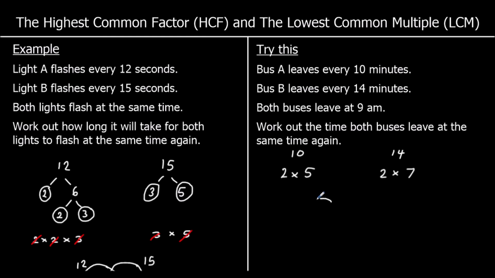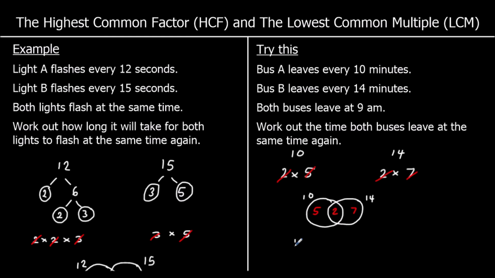So if we have a 10 circle and a 14 circle, 2 is going to go in the middle. That's the only common factor. And then the 10 circle will have a 5, and the 14 circle will have a 7.